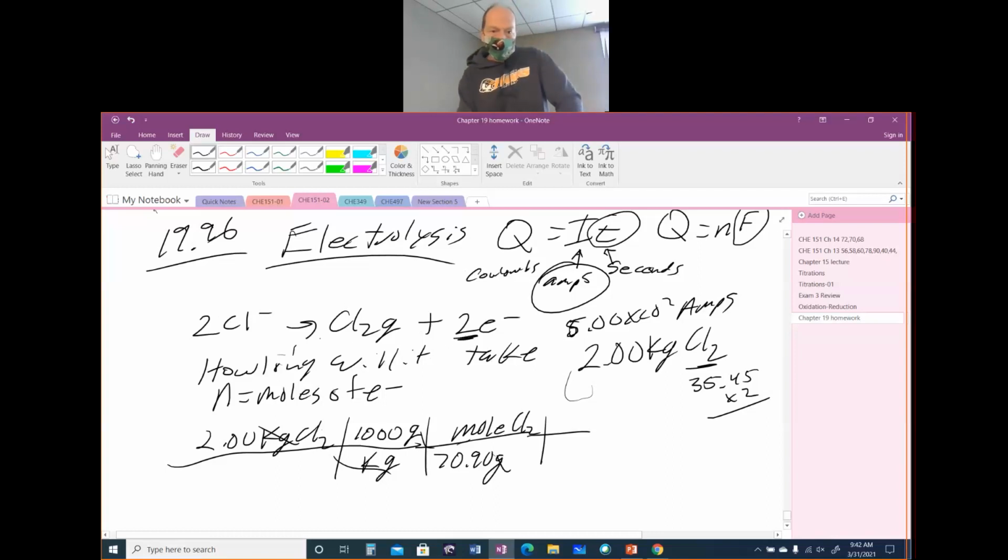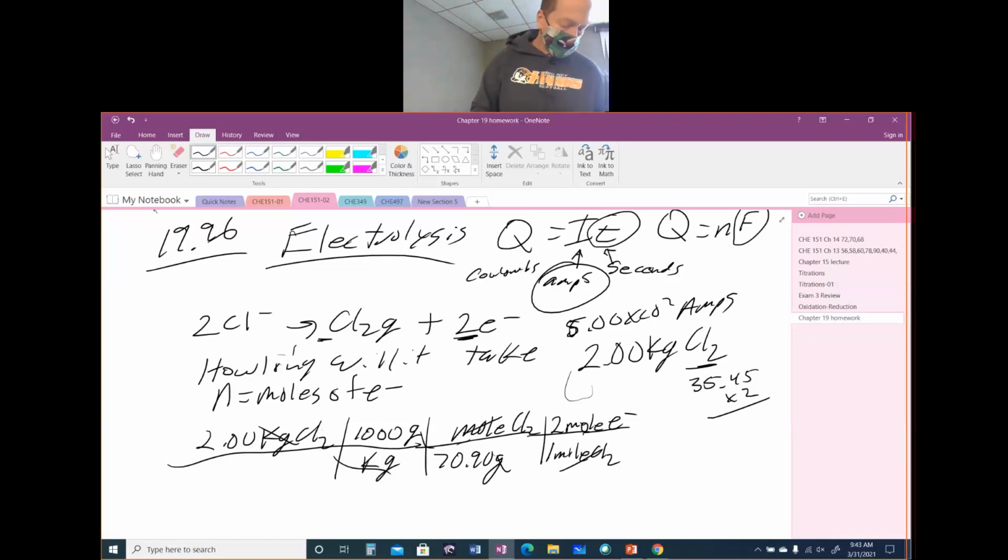That gives us our mole ratio of chlorine. 1 mole of chlorine is produced while every 2 moles of electrons are released. So there's our mole ratio of Cl2 to electrons. And so now we have converted our 2 kilograms of chlorine to moles of electrons, the only other number that we needed.